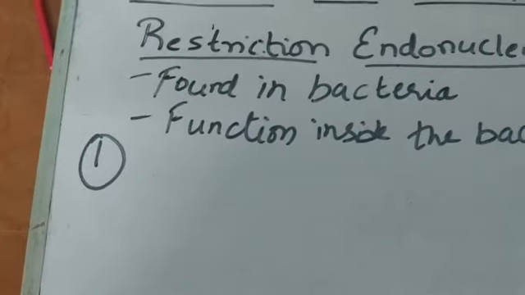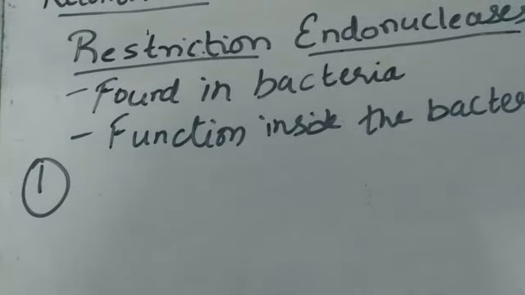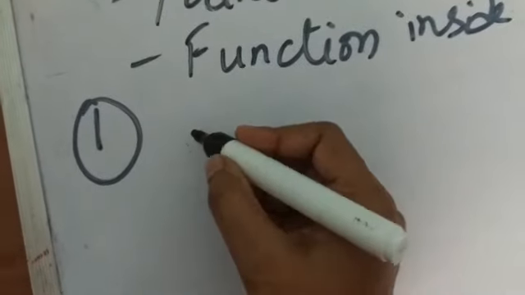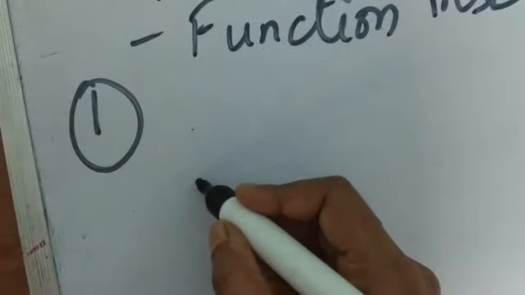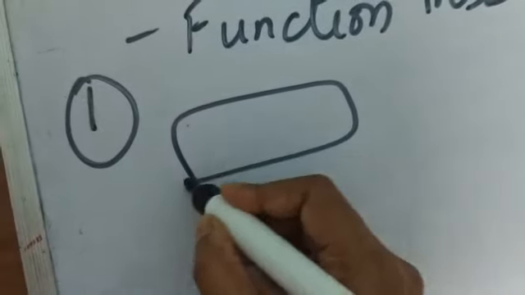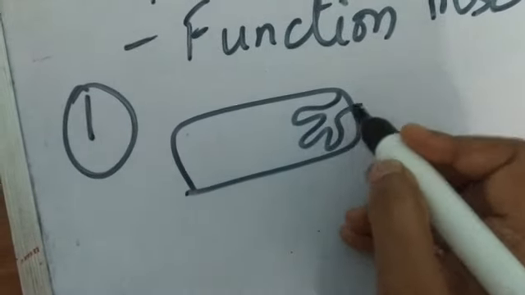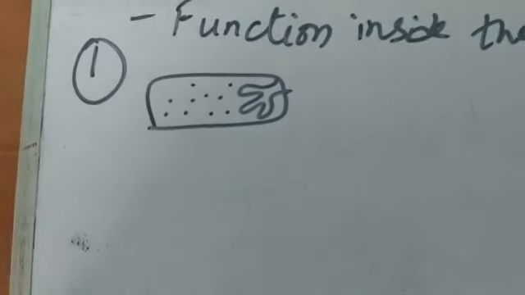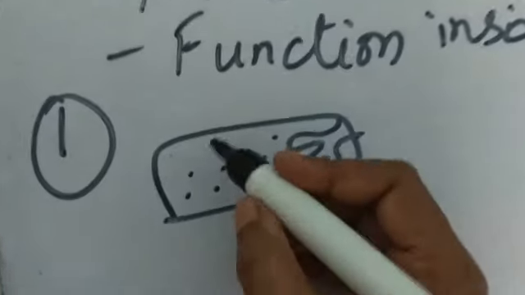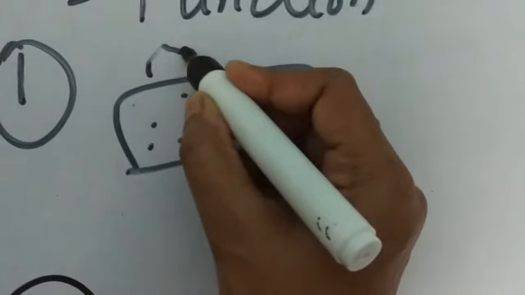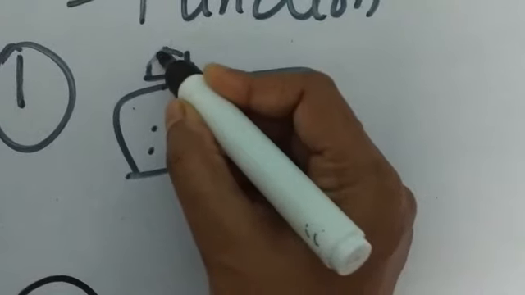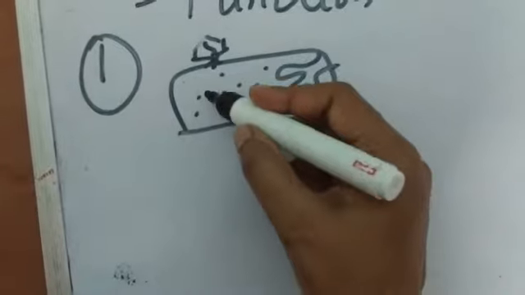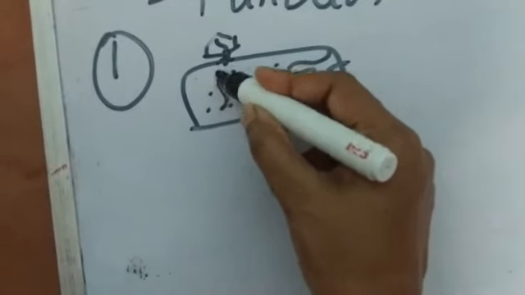There are 2 functions of the restriction endonucleases inside the bacteria. Number 1 is that, imagine this is a bacteria, this is its chromosomal DNA, and this bacteria is producing some restriction endonucleases. Supposing there is a viral attack, a bacteriophage attacks this bacteria. It is inserting its DNA inside the bacteria.